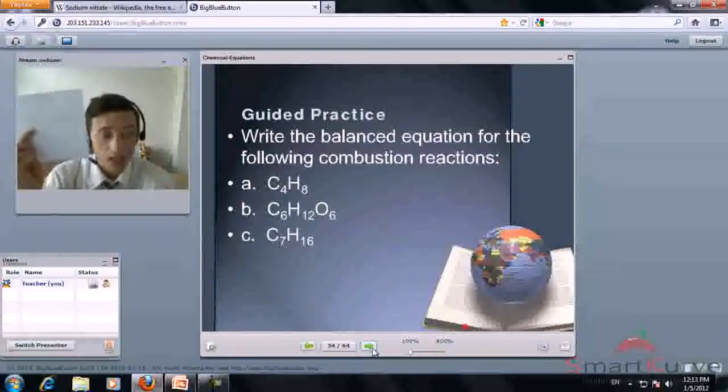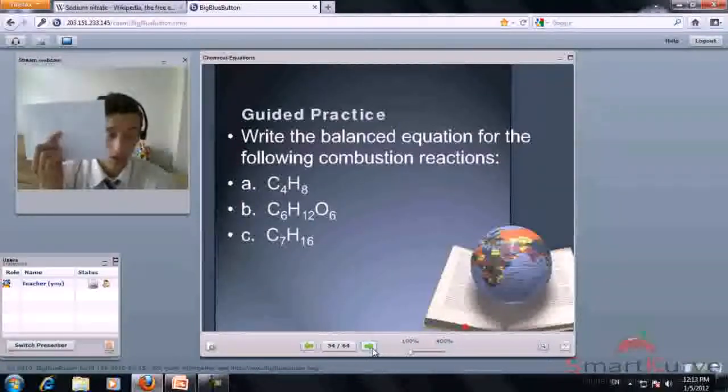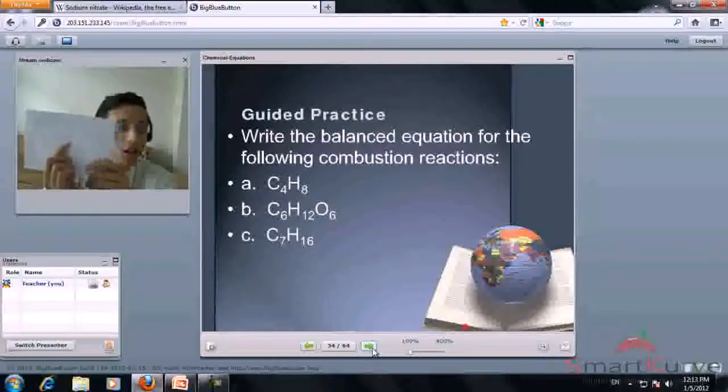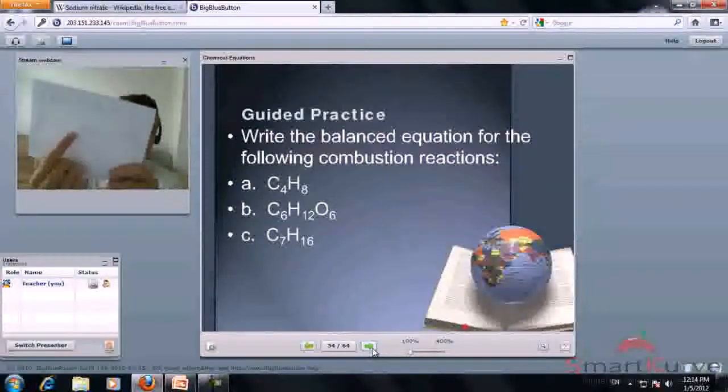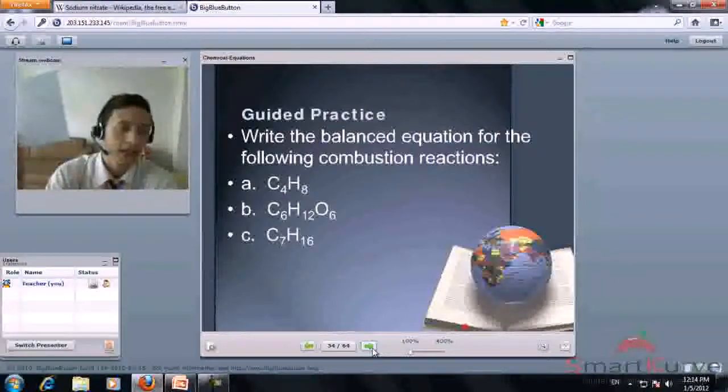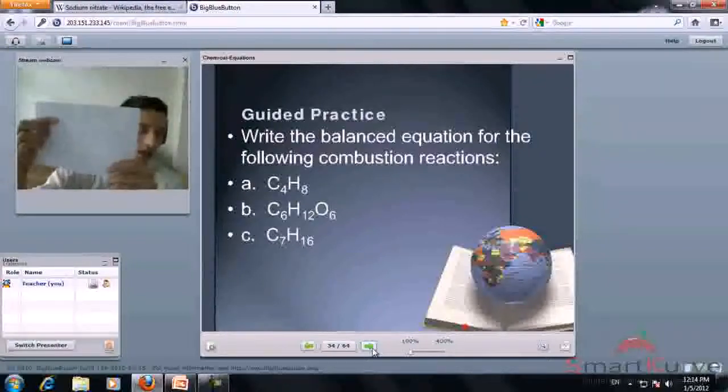So 6 water molecules will give us 12 hydrogen atoms. So we're now balanced. 12 atoms of hydrogen here in the glucose and 12 atoms of hydrogen here in our 6 water molecules. So now, the final step, let's take a look at the oxygen.